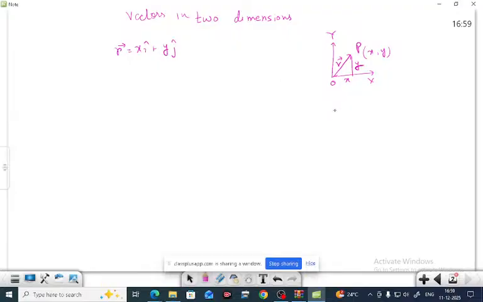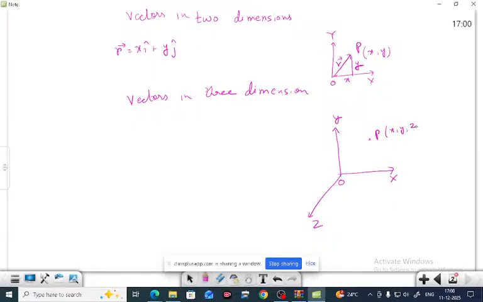And if we use vectors in three dimensions, then it will be OX, OY, and now the Z axis, and this is the position vector P. It can be defined as x, y and z.